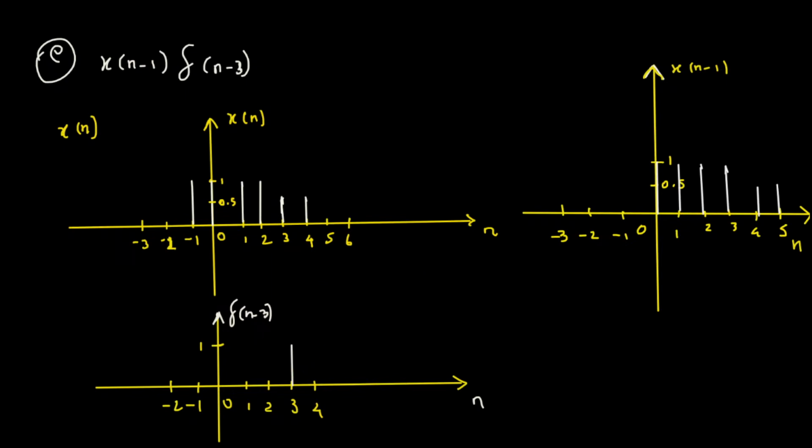This one has a 3, and the other one also has a 3, but it has some other points. When you multiply 0 by other points, that's going to become 0: 1 times 0 is 0, 0.5 times 0 is 0. So everything else is going to be removed. At the end you're going to have the exact same graph for x[n-1]δ[n-3] as well.